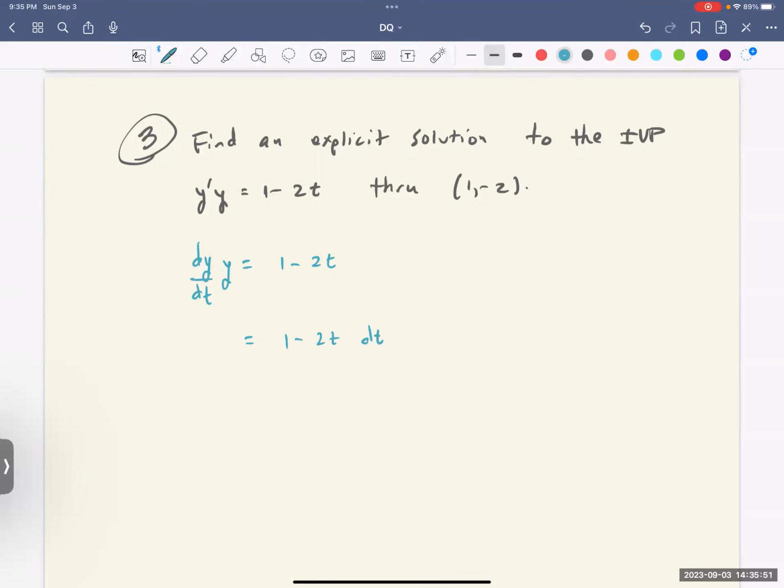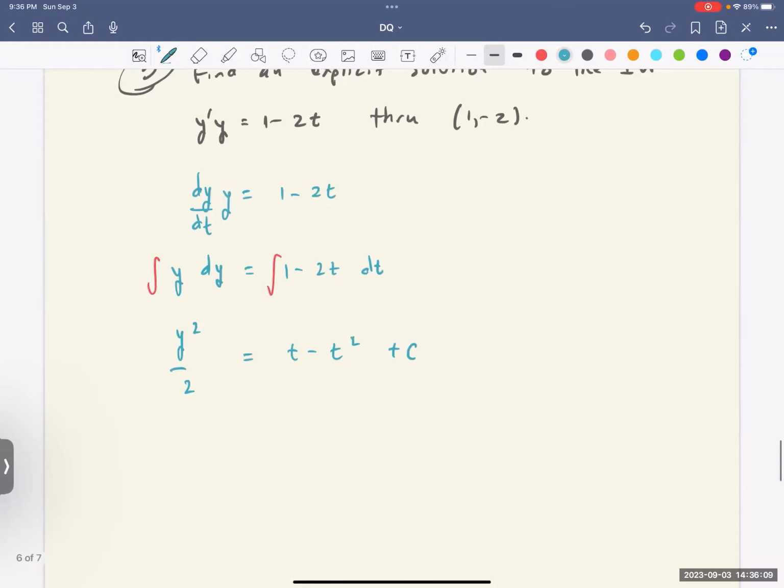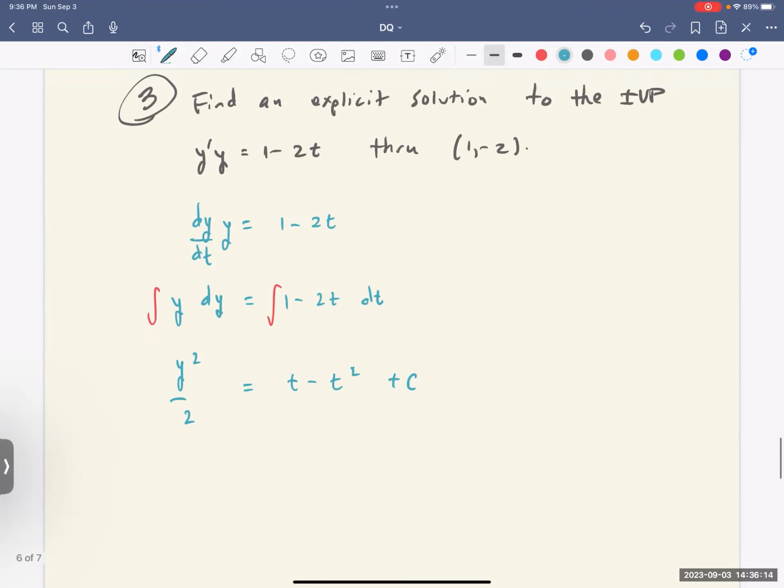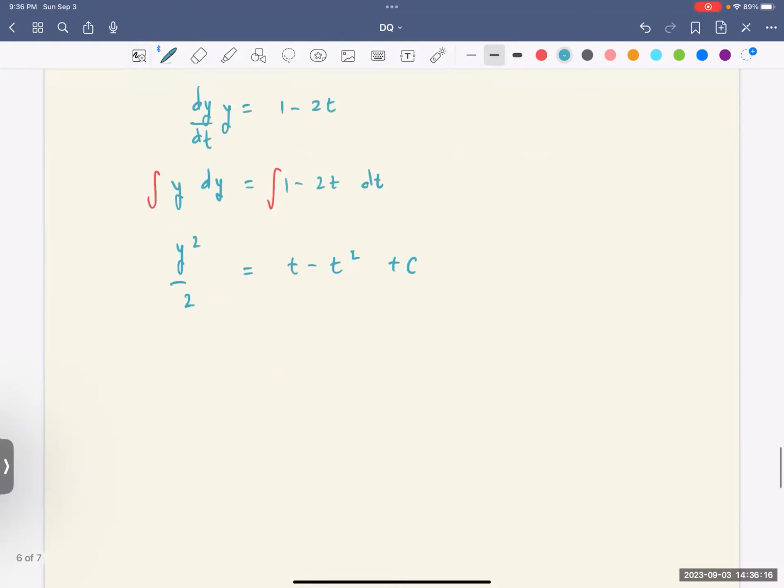The left side, I'm going to put the y in front and the dy next, and then we're going to integrate both sides. We'd get y squared over 2 is equal to t minus t squared plus a constant. There's my implicit solution. Now we want to recover that constant. So let's do that.